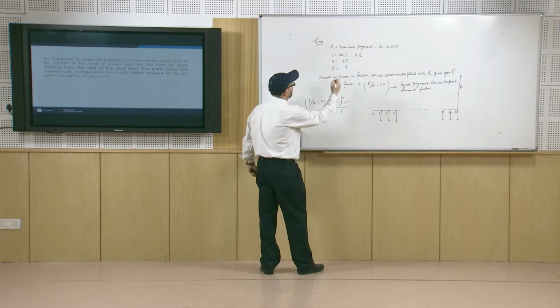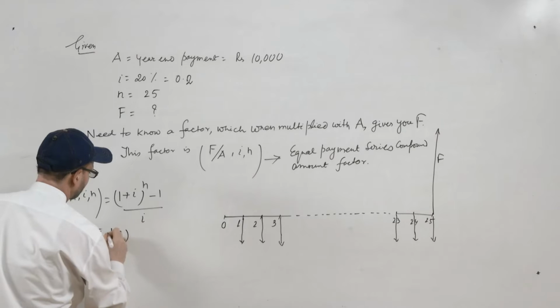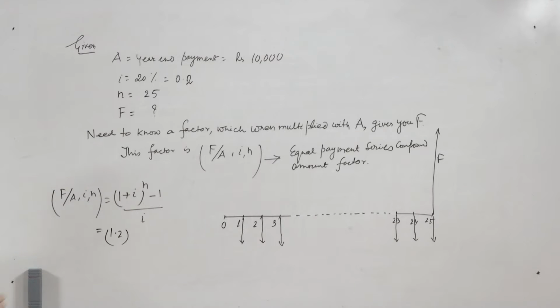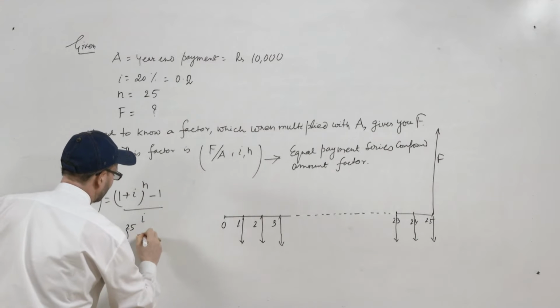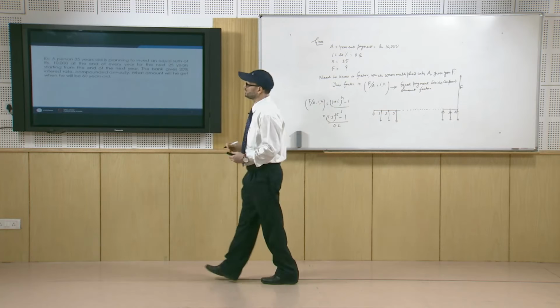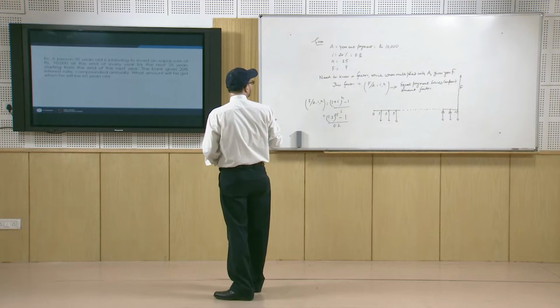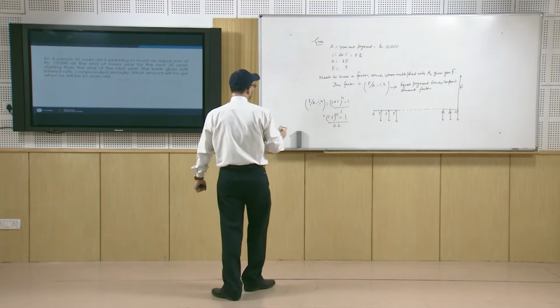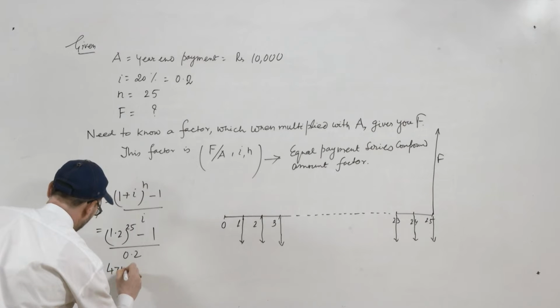So, we put these values: 1.2 raised to the power 25, minus 1, divided by 0.2. This is the value of the equal payment series compound amount factor, and this factor comes out to be 471.98.